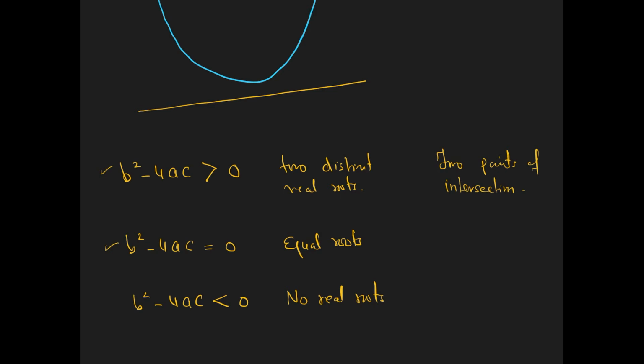Also, if b square minus 4ac is equal to 0, we can say that the line is tangent to the curve. Or we can say also that there is only one point of intersection between the line and the curve. And finally, if the discriminant is less than 0, there is no point of intersection.